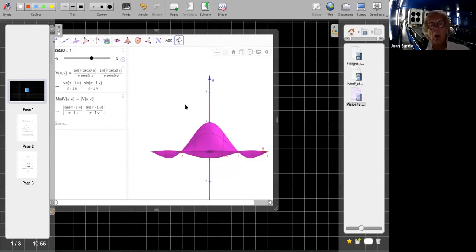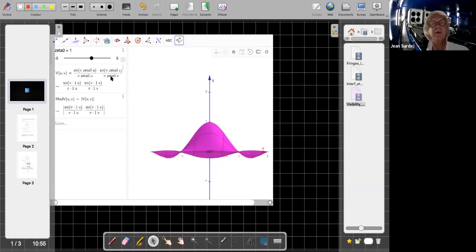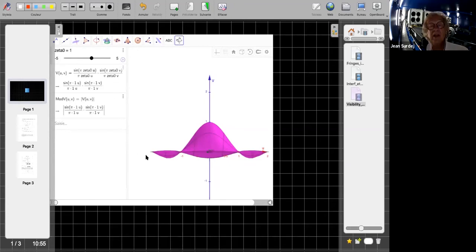So anyway, what is shown here is the expression of the visibility as a function of u, v. So you find here the sinc of pi zeta 0 u, that is sine of pi zeta 0 u divided by pi zeta 0 u, times sine of pi zeta 0 v divided by pi zeta 0 v. And what we see is that it has positive and negative values.